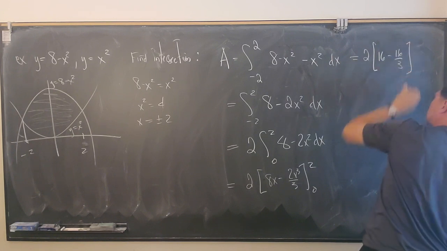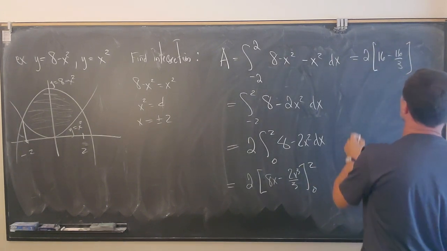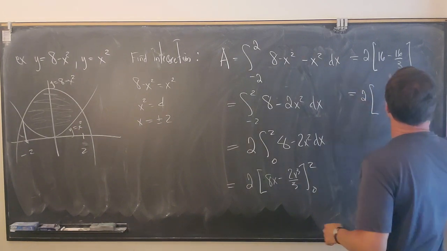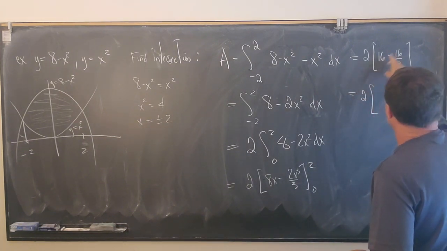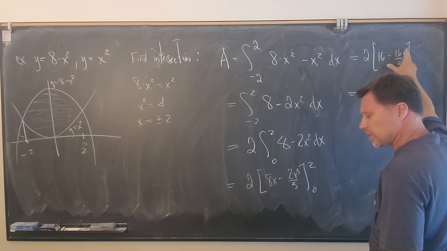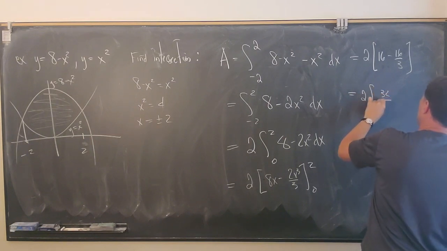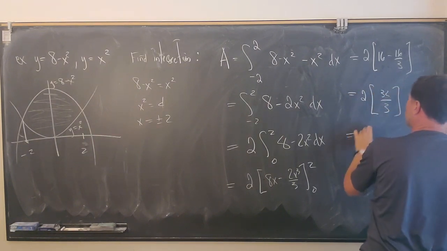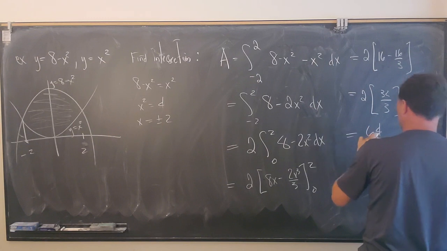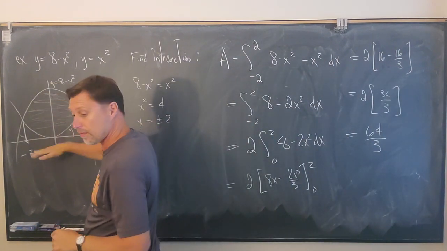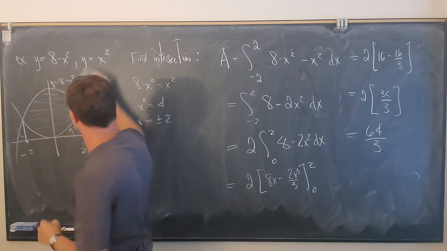And then when we plug in 0, we just get 0. So that's going to be 2 times 48 minus 16, I'm just getting a common denominator, over 3. 48 minus 16 is 32. And so final answer, we get 64 thirds. Right, so that's the area below the upper graph and above the lower graph.